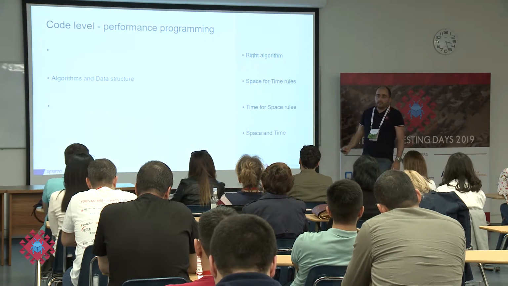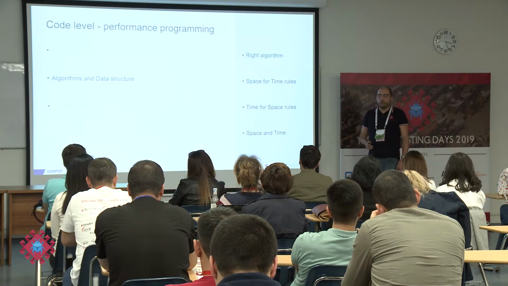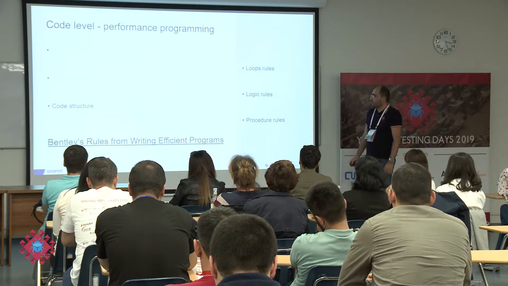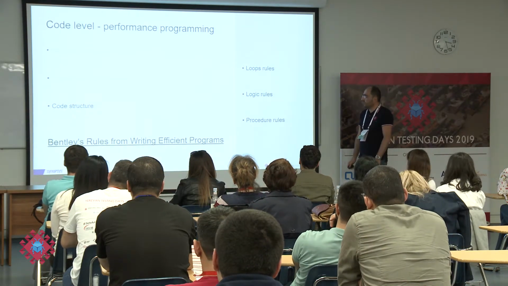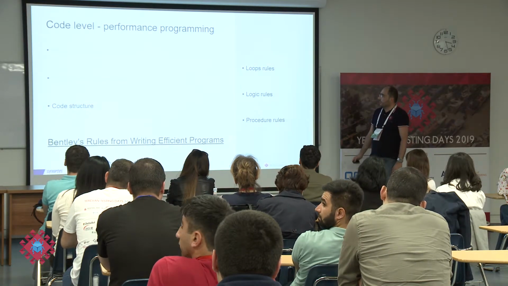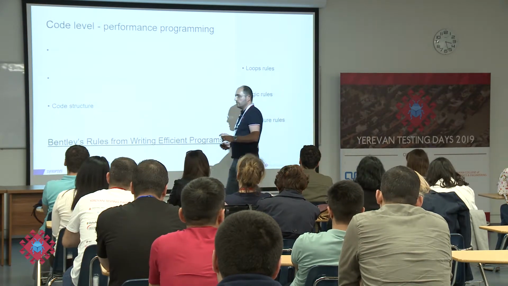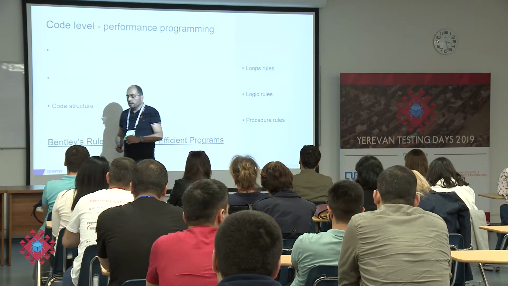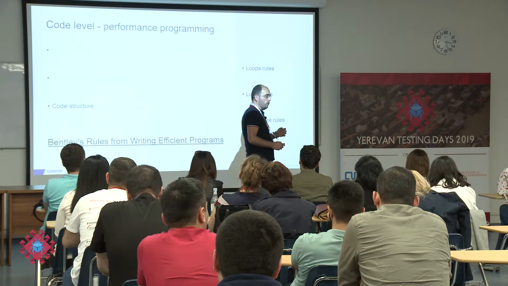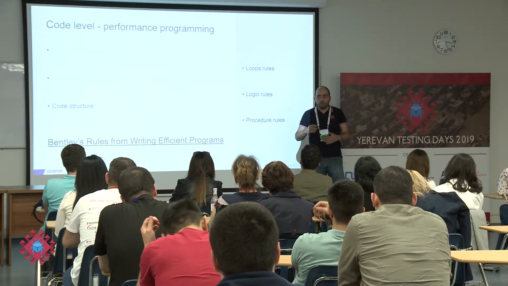This is not easy to do, but it is also a very important point to gain more performance. And finally, about loops themselves and procedure rules. First of all, the most important part here is loops. Why? Because statistics say that 90% of the time goes through execution of 10% of the code.